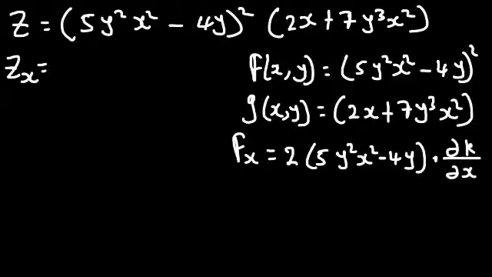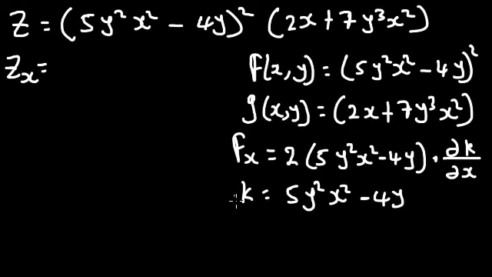So what is k? K is this inside function. So if k is equal to 5y squared x squared minus 4y, then what would be k sub x, which is the same as that k that x? Let me use a certain notation throughout so that you won't get lost. So we are differentiating this entire function partially with respect to x.